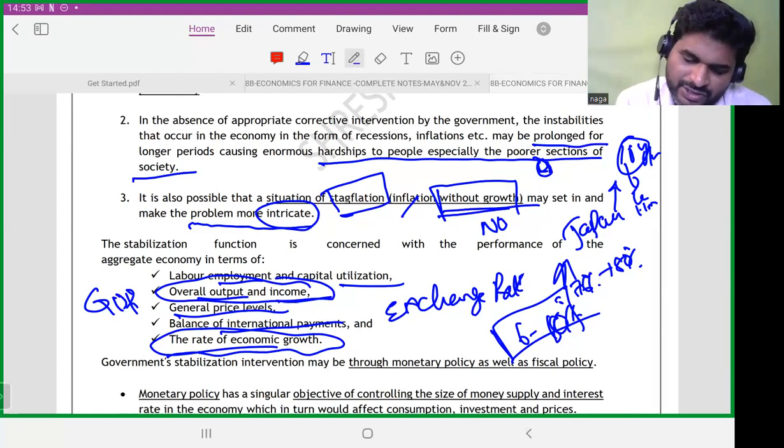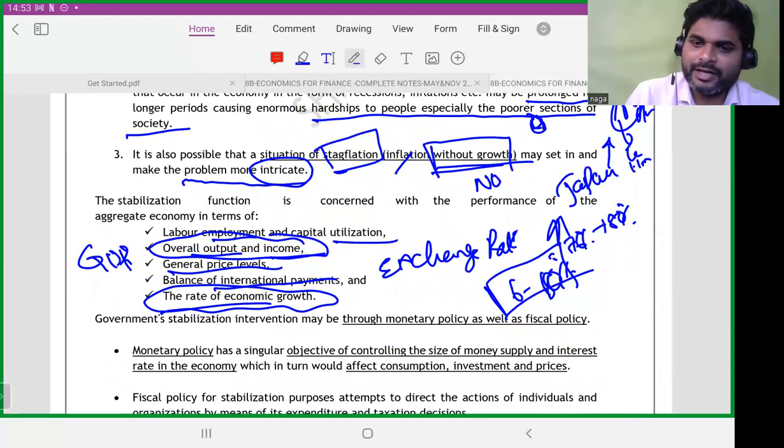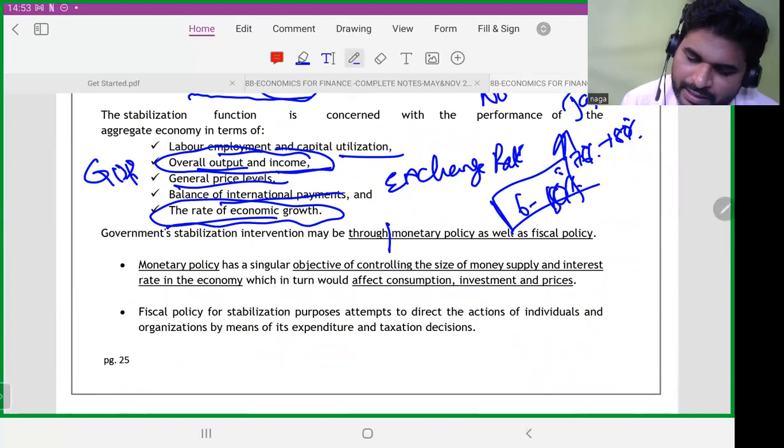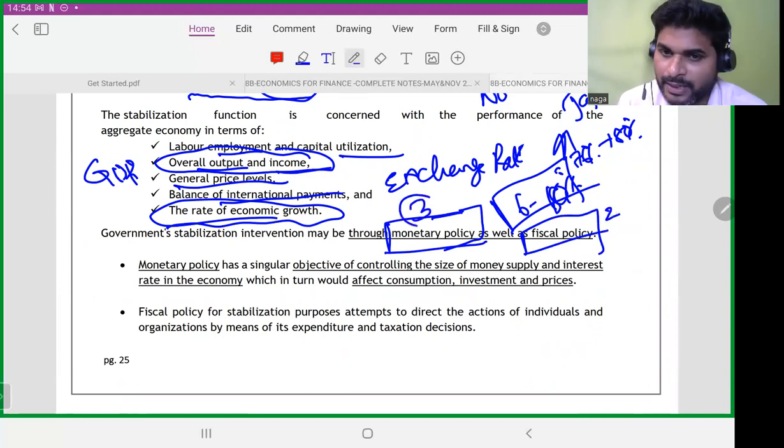This government stabilization intervention generally happens in two ways. One is through their monetary policy. This we will discuss in chapter 3. And another one is fiscal policy. This we will discuss in chapter 2. Monetary policy is the money market, RBI, and how the money flows in the economy.